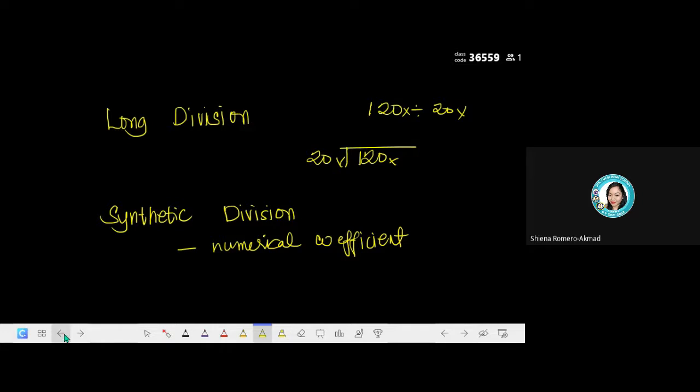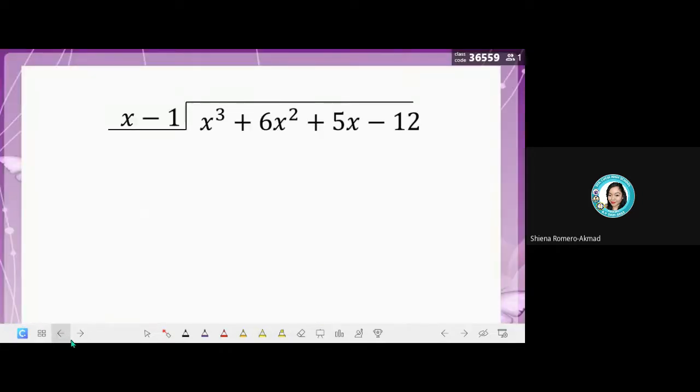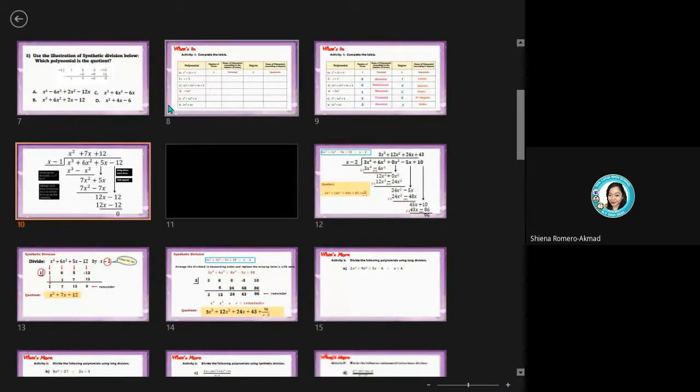Okay? So, let us have an example. So, we have here x cubed plus 6x squared plus 5x minus 12, and we will divide it by x minus 1. Kaya lang, ang liit ng space dito. So, let us have yung number 1 kanina. Let us answer that. Asan yung number 1 kanina?